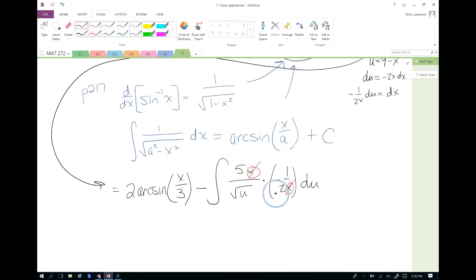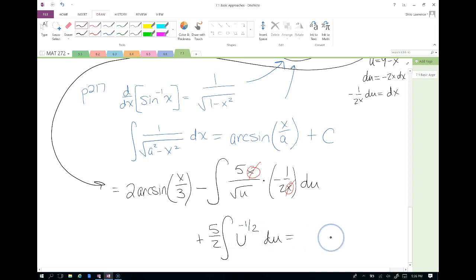I'm going to go ahead and put those coefficients together and say this is negative 5/2, and I'm going to move it to the front. So this is going to be plus 5/2 times the integral of u to the negative 1/2. That means square root in the bottom. And we could easily integrate that piece just with a power rule.